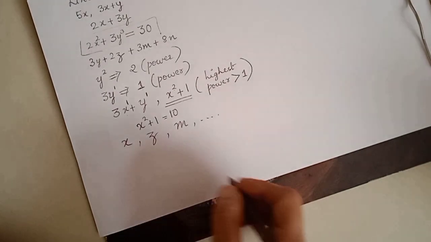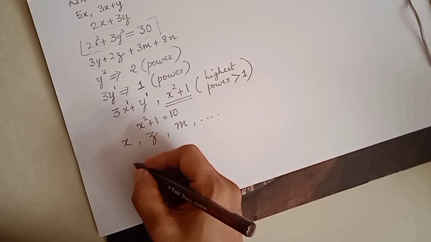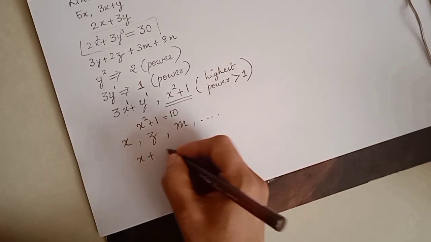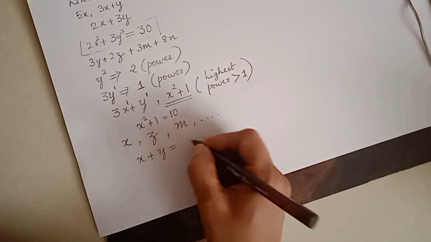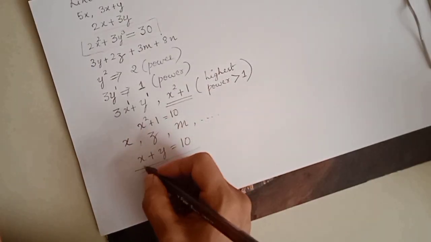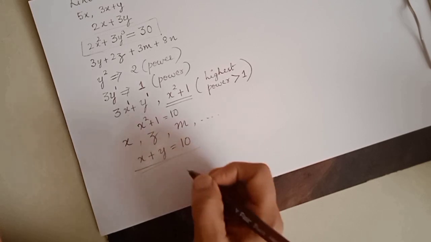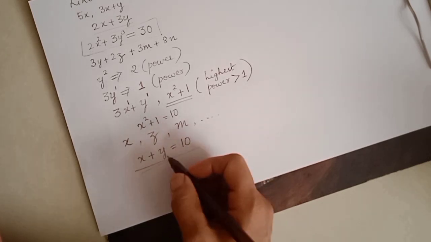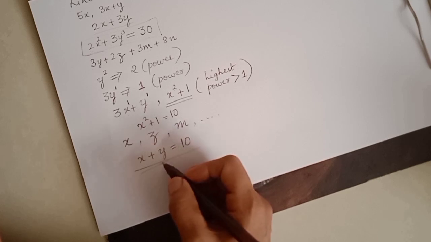That is, you will not get expressions to solve involving two variables. Now see here, x plus y is equal to 10. So now this is an equation, but it is involving how many variables? Two variables. What are the two variables? x and then y. They are two different variables.